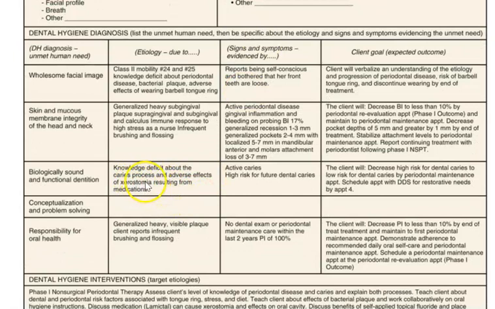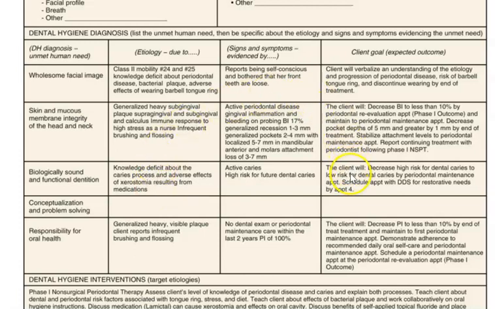So xerostomia is also a possible reason for the active cavities. Why did it happen? She didn't know. There was a knowledge deficit on the caries process. And also she has xerostomia, and xerostomia can cause caries. There's a link, right? When you have a dry mouth, you're more at risk for cavities.